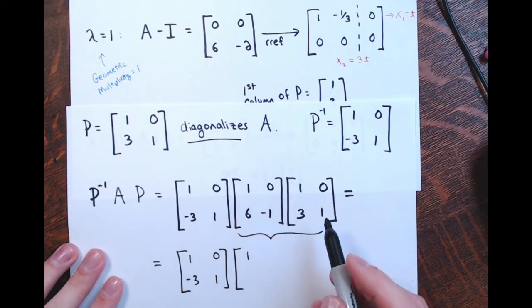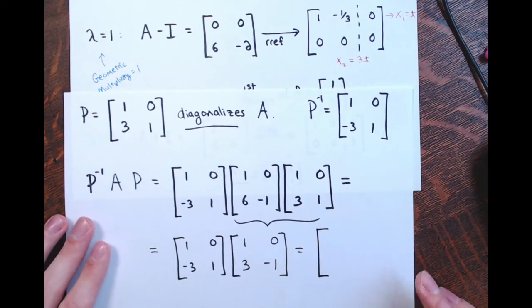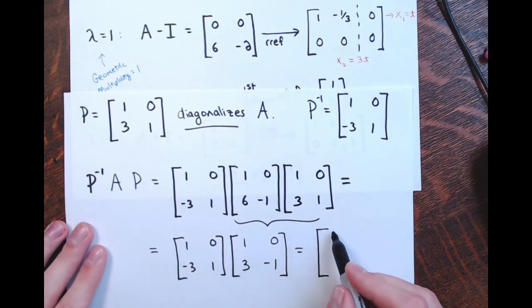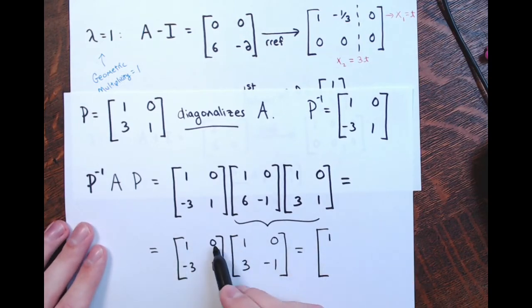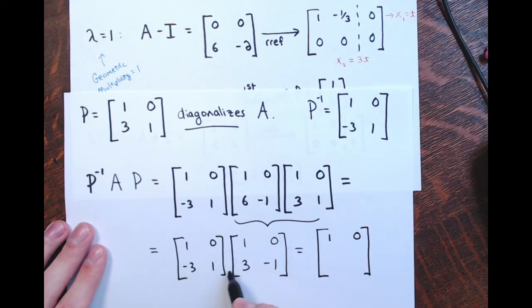1, 0, 6 minus 3 is 3, and then 0 minus 1 is negative 1. And then multiplying these, we get 1, 0, negative 3 plus 3 is 0, and 0 plus negative 1 is negative 1. Look at that.